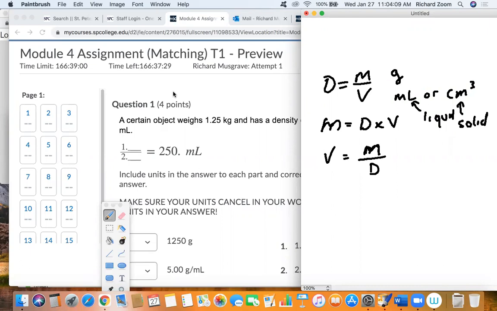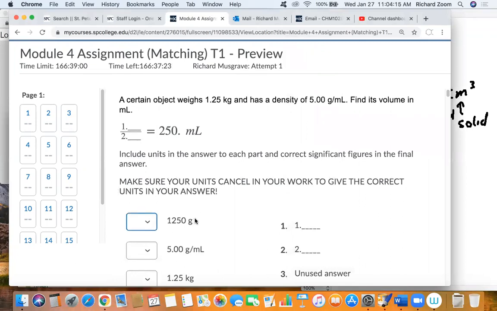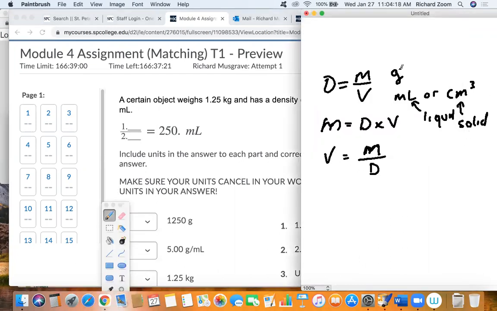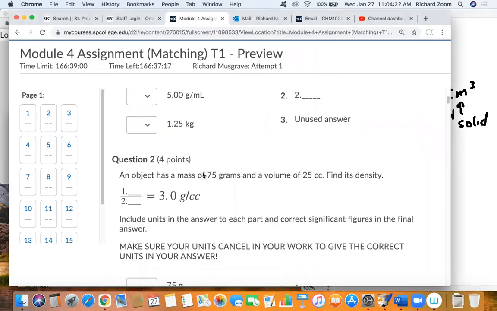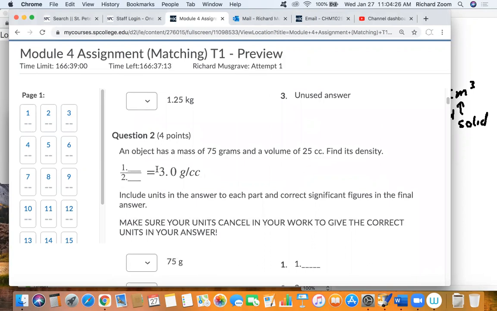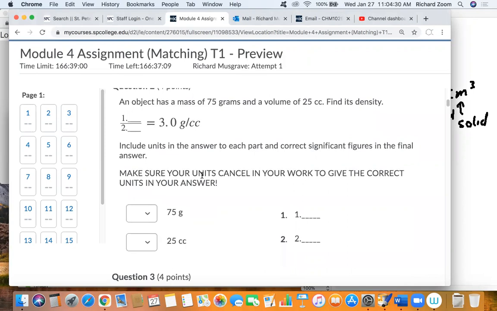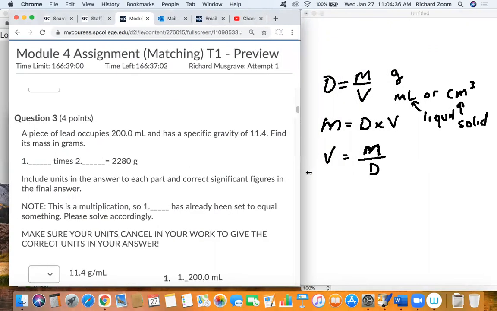So when we're looking at some of these questions, you'll notice the first one here gives the mass in kilograms, and you are required to convert that into grams first because it's always grams over mils. Grams over mils or cubic centimeters. This one's given in cc's as the volume, and that's fine. But I wanted to point out ones like question 3 here.